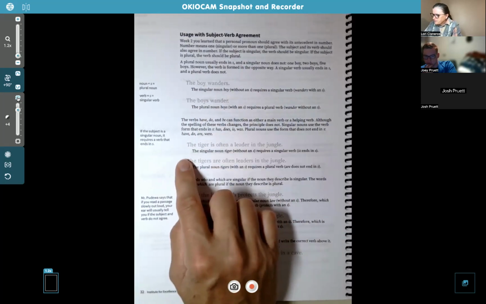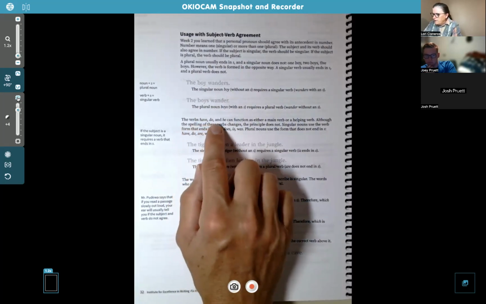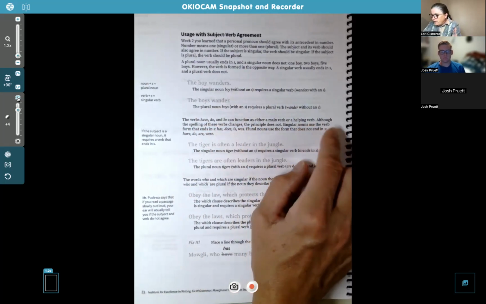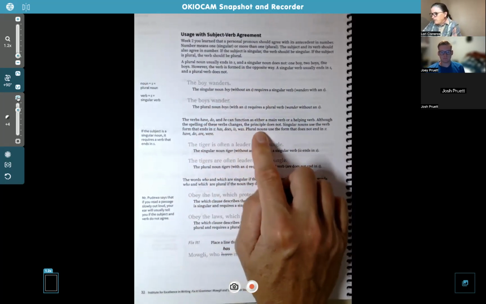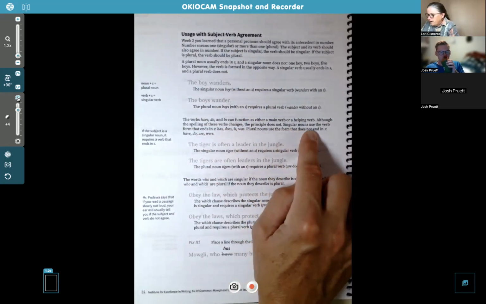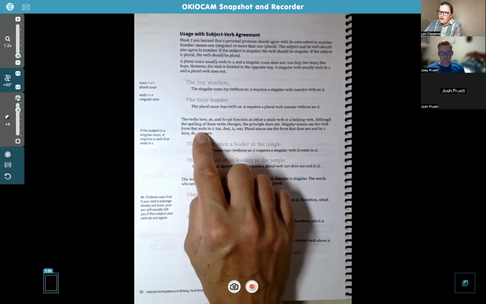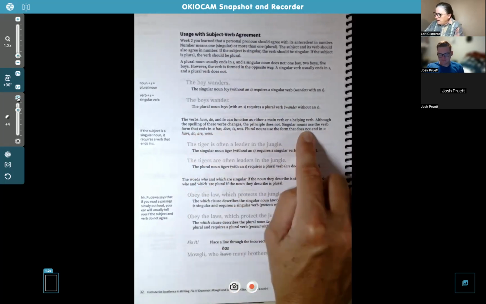And then we have the verbs have, do, and be. They function as either a main verb or a helping verb. Although the spelling of these words changes, the principle does not. So singular nouns use the verb form that ends in S. And I didn't know this until I read this earlier this morning.